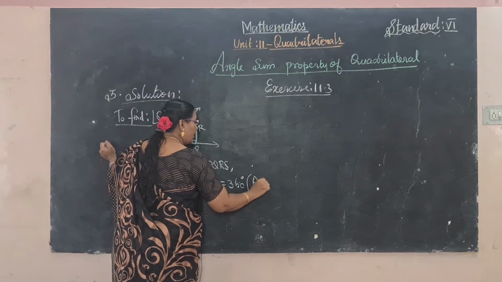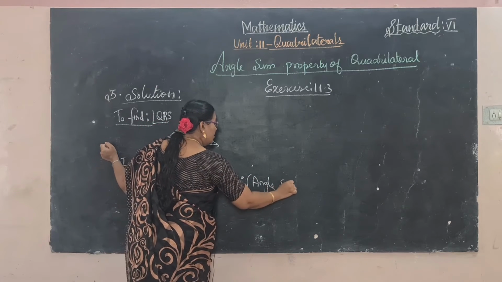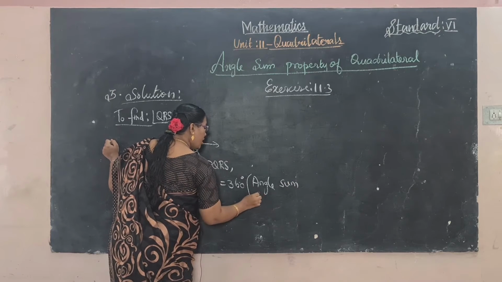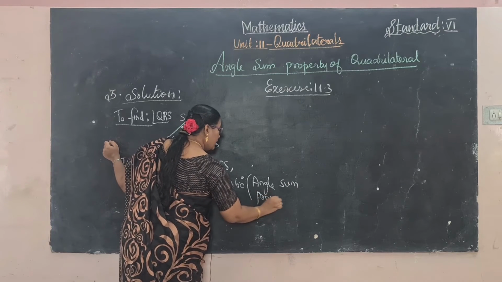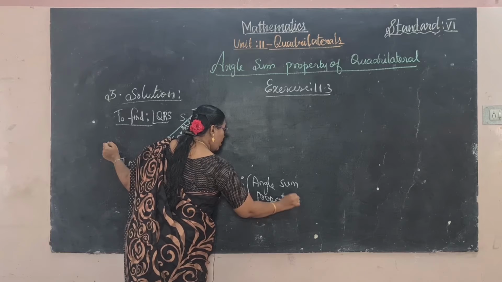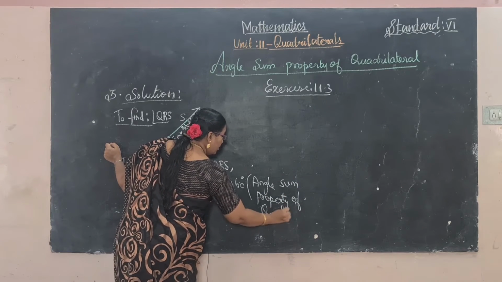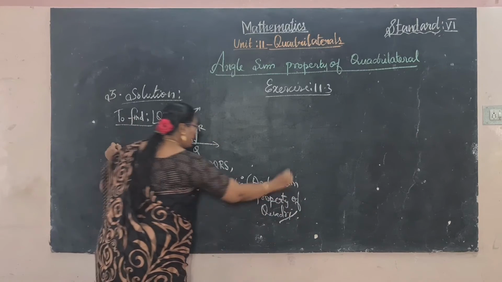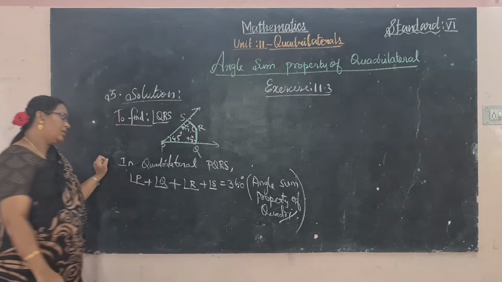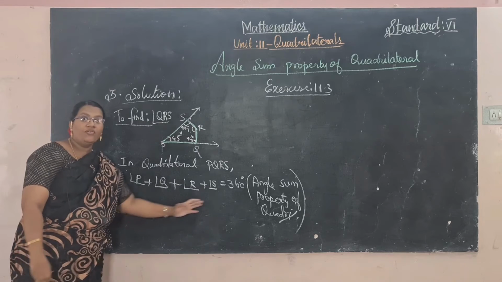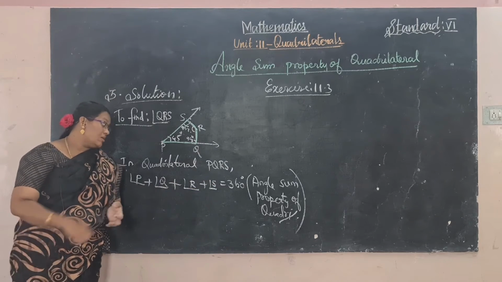Angle sum property of quadrilateral, which means the sum of four angles is 360 degree.